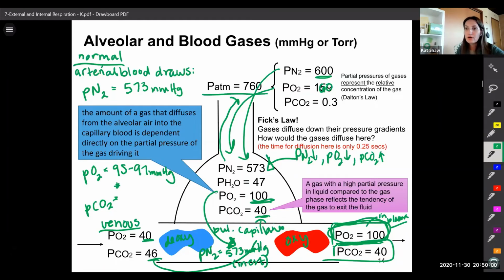There are what are called peripheral chemoreceptors, those that are associated, say, with your aortic arch, and those that are associated with your carotid arteries, your glomus cells. Those peripheral chemoreceptors sense a drop in partial pressure of oxygen below 60 millimeters of mercury.